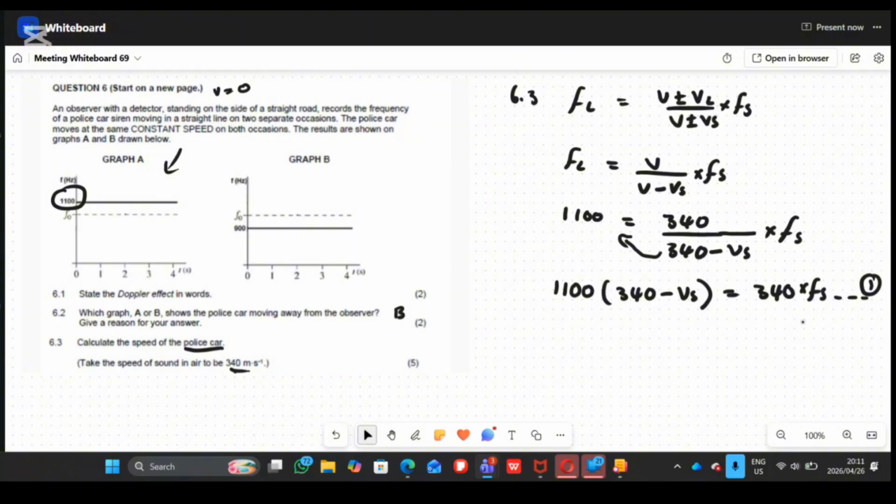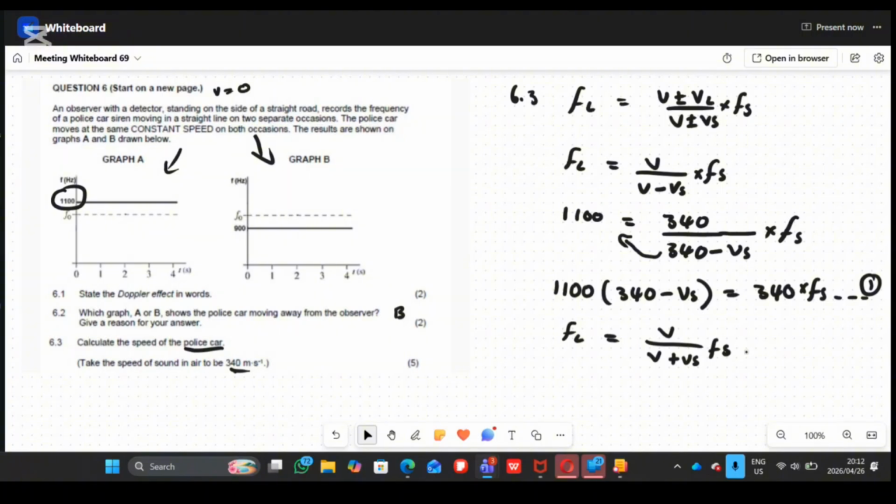Then for the second graph, we can take another equation. You can repeat the formula if you want. So now I'm going to repeat the formula for you. Frequency of the listener is equal to the speed of sound in air over the speed of sound in air plus velocity of the sound source, because it is now moving away, then multiply by frequency of the sound source, right?